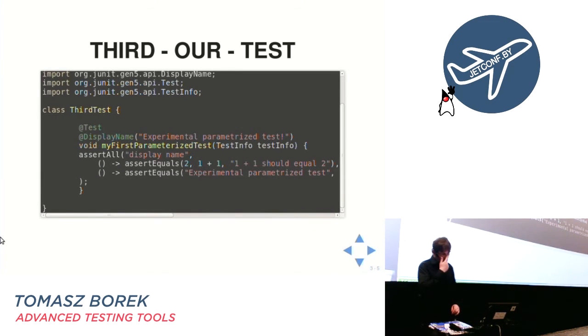TestInfo is a rather poor way of having parametrized tests, but this is what we get out of the box. The other way to inject parameters into methods in JUnit 5 is to extend one JUnit class, a custom resolver. If you do so, you're able to write your own object that you will later be able to use as a sort of parameter injection.